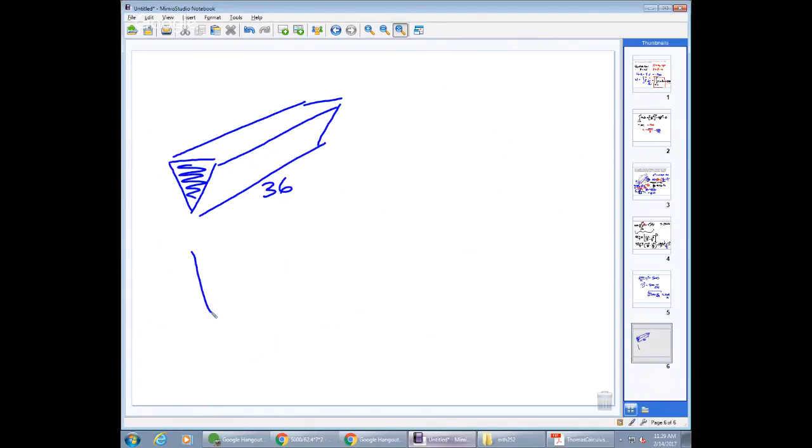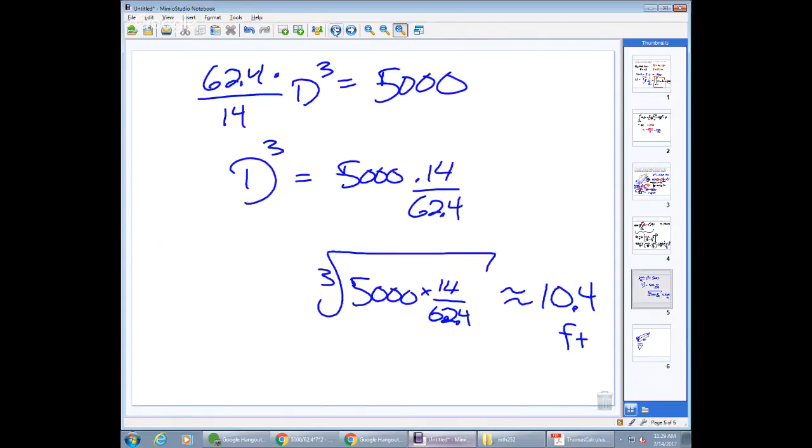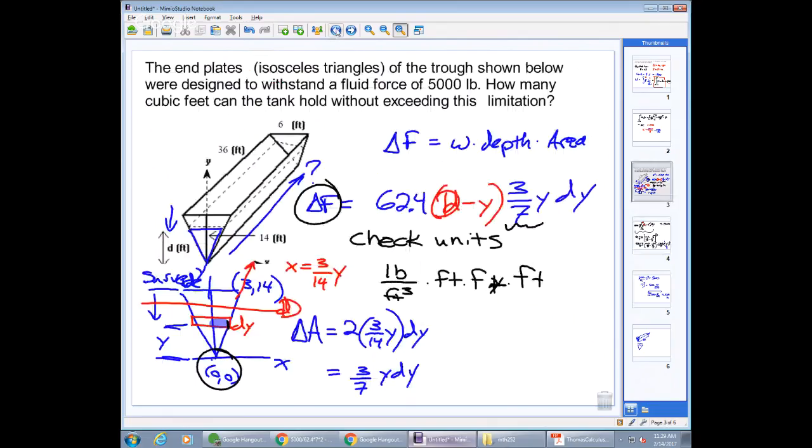So that triangle right there, we know that the distance all the way across is, where'd it go? Right there, the 2 times 3/14 y. So that's going to be what, 3/7 times y. What's our y value here? That's the 10.4-ish number. I'm just going to call it D for a minute.